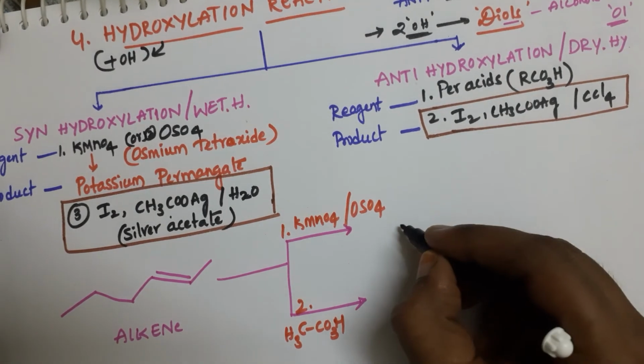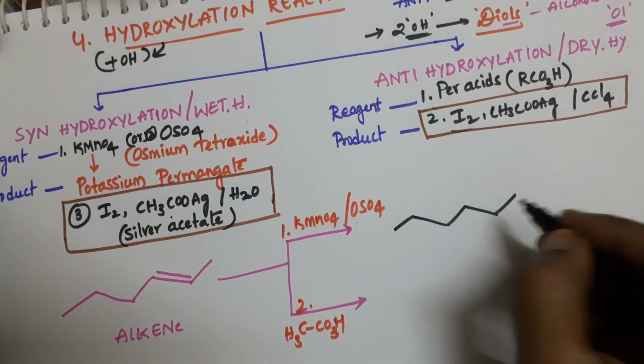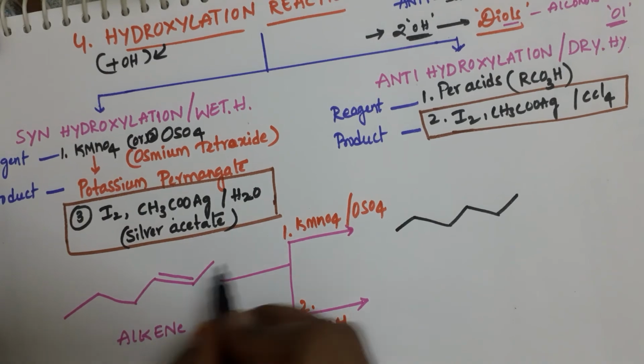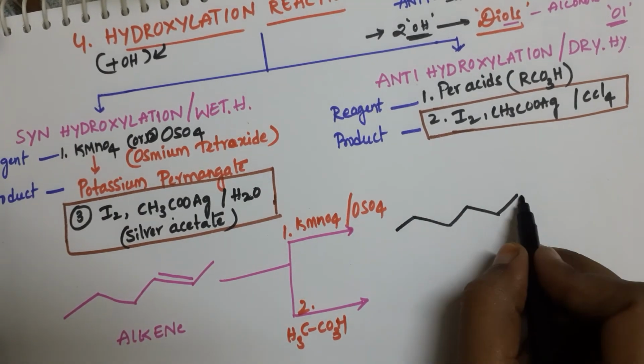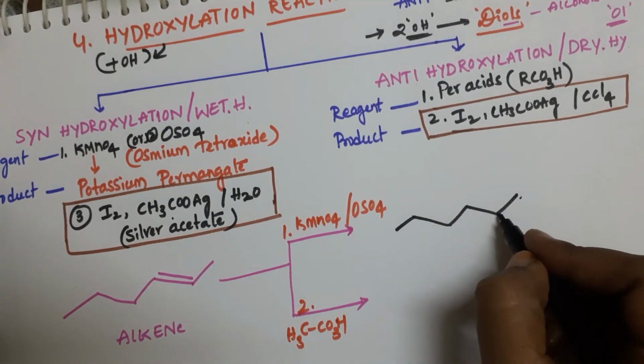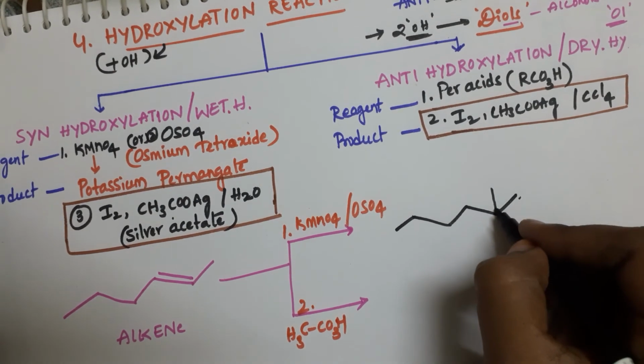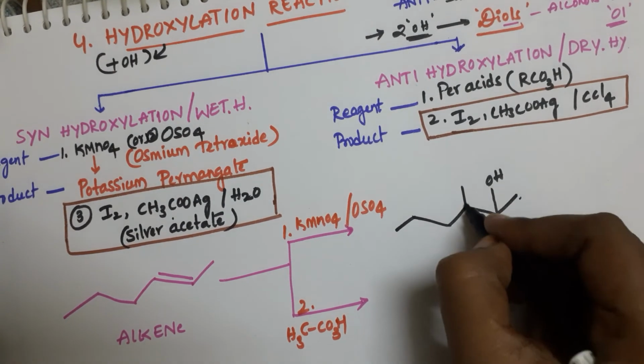In the first one we get six carbons: 1, 2, 3, 4, 5, 6. On the second carbon we get OH groups like this.